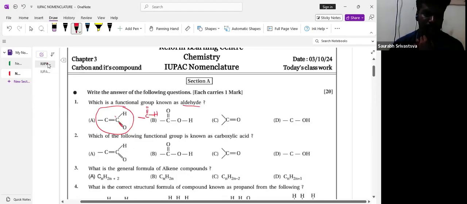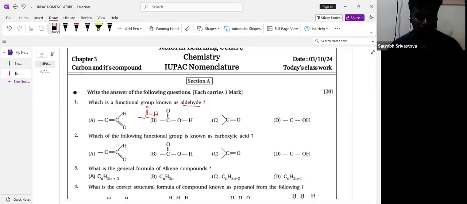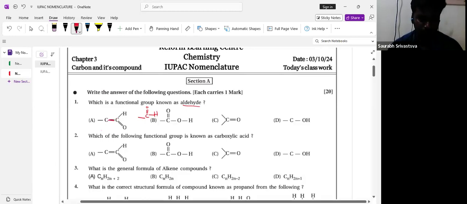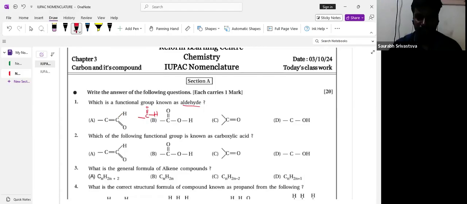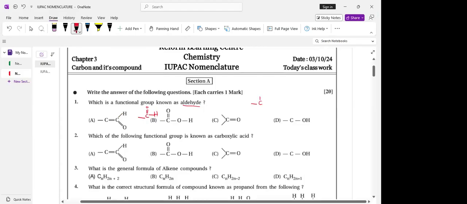Here they gave a double bond, so it is wrong. Here it is a single bond only. Overall around the carbon, 4 bonds should be there. So this one mark as aldehyde. Aldehyde means first bond, second double bond, and here hydrogen. This is called the aldehyde.